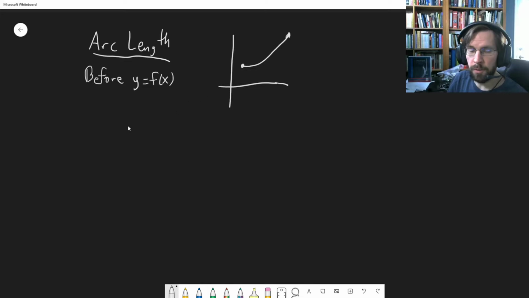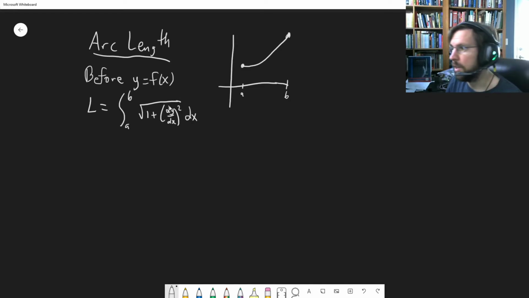This distance here, L, was the integral from a to b of the square root of 1 plus dy dx squared dx. This came from adding up a bunch of little line segments, the mean value theorem, and things like that.